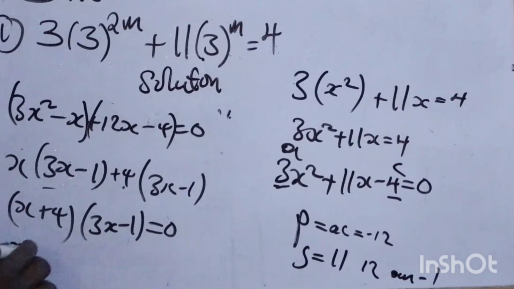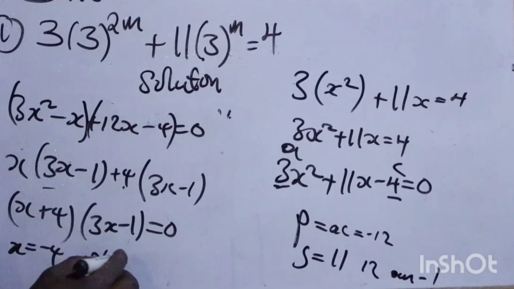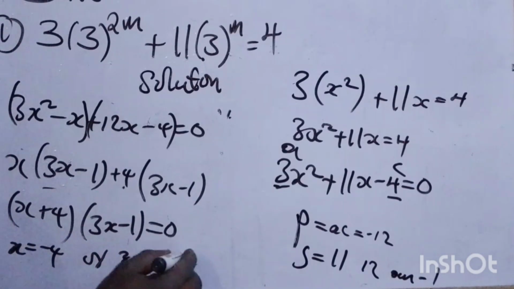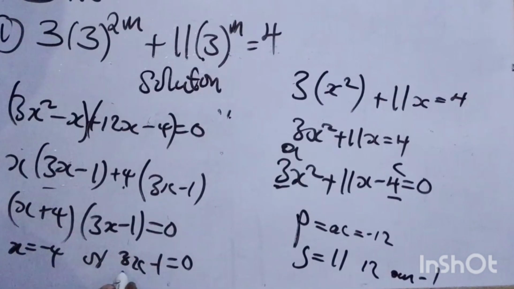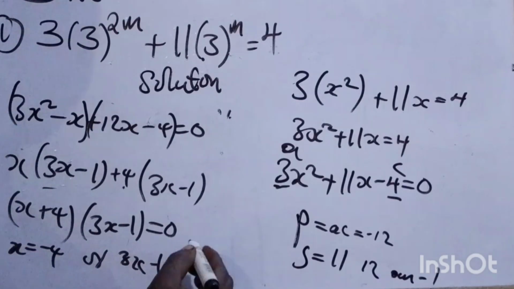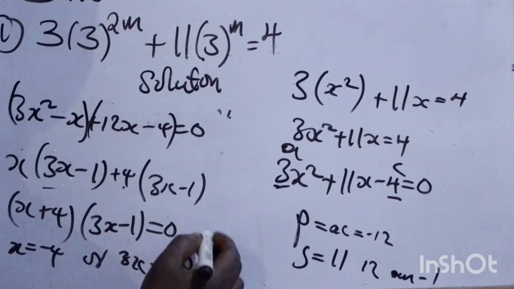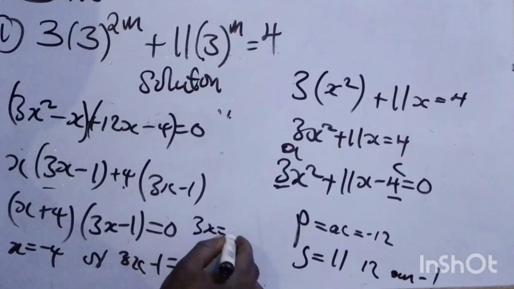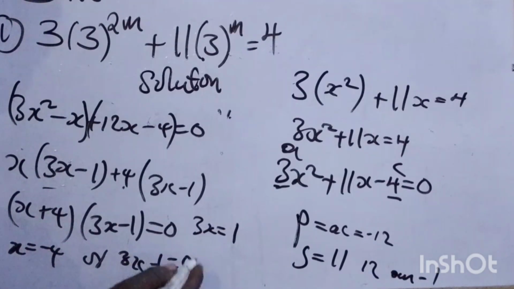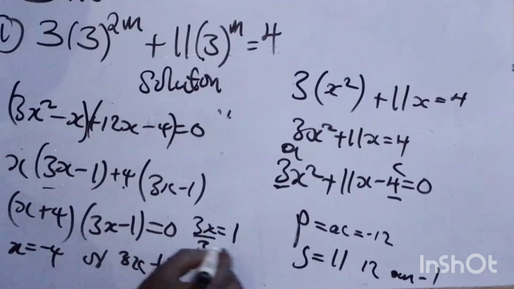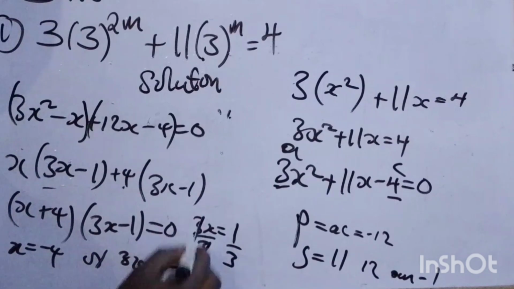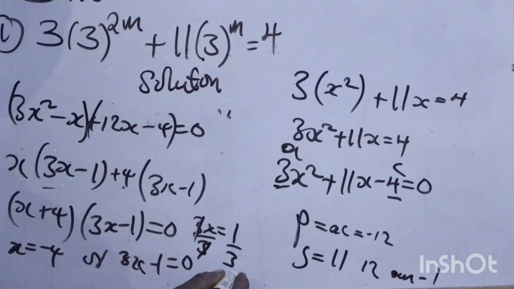So x equals minus 4, or 3x minus 1 equals 0, which means 3x equals 1. Moving 1 across the equal sign and dividing both sides by 3, the answer is 1 over 3.